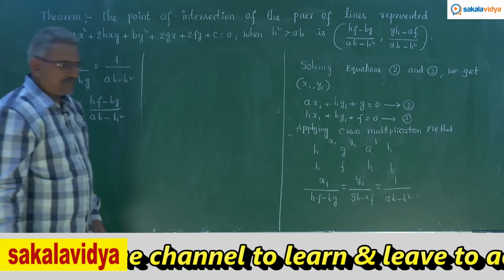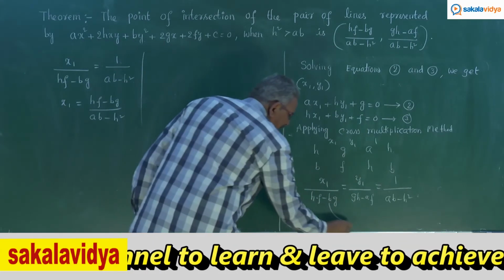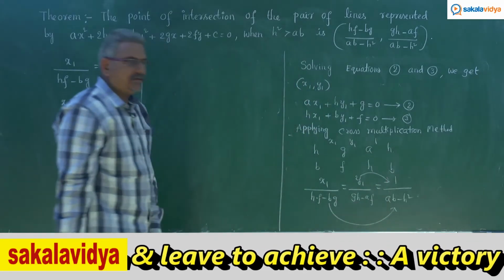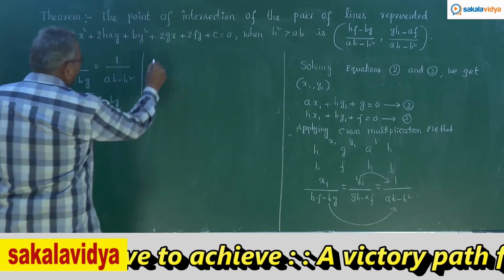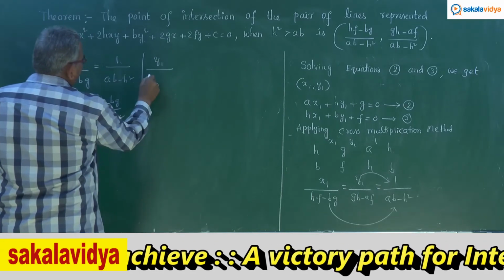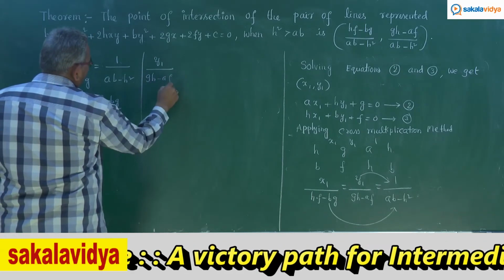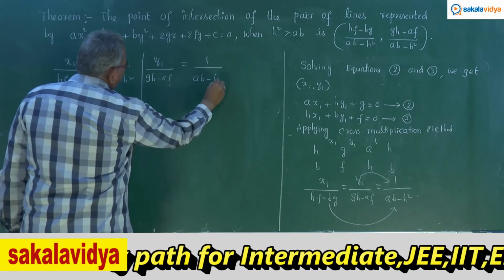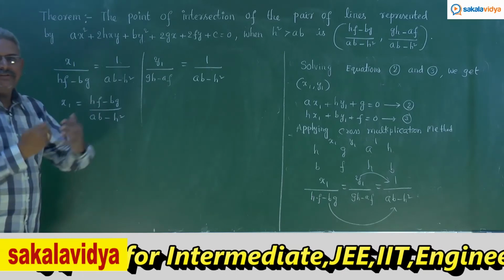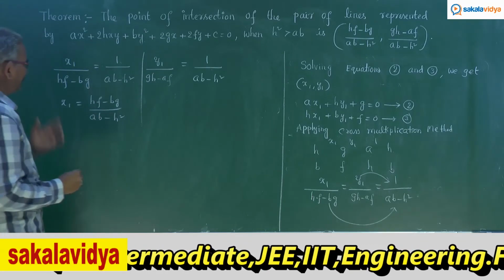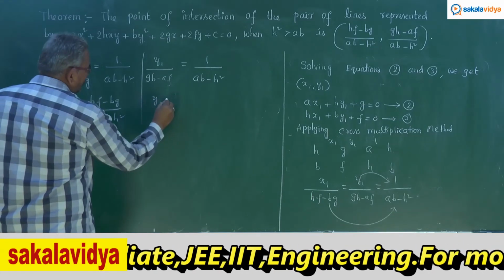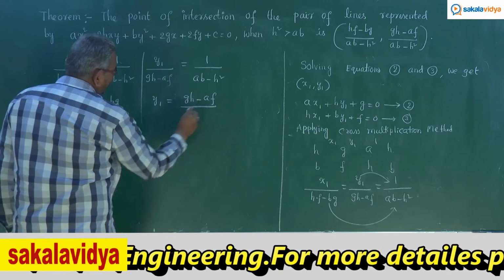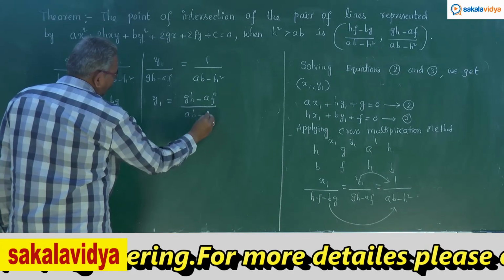So now that means equated this one. Now let us equate these two now. y1 by gh minus af equal to 1 by ab minus h square. Now let us find out the y1 value here. So y1 equals to gh minus af divided by ab minus h square.